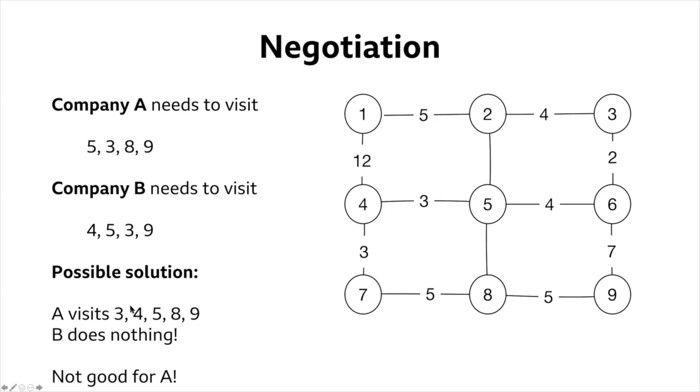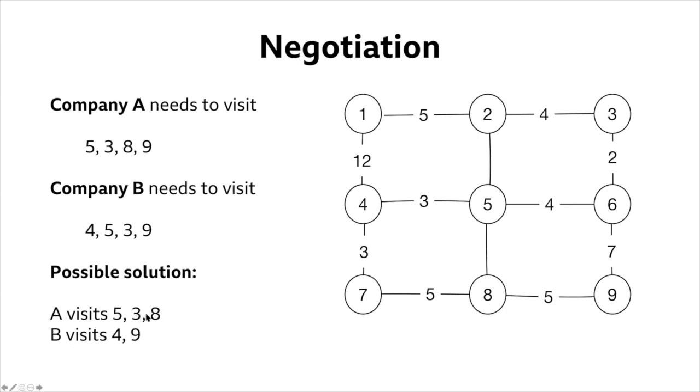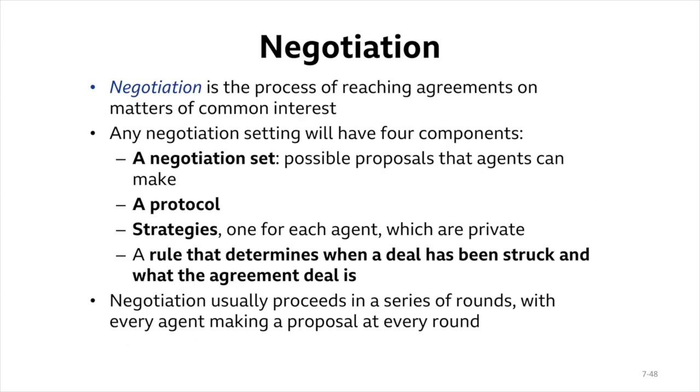So this scenario here, where agent A visits everything and agent B does nothing, we might think of as being one possible deal that they might make. This scenario here, where A visits 5, 3, and 8, and B just visits 4 and 9, is another deal that they could possibly make. So the space of all those possible deals defines the negotiation set.